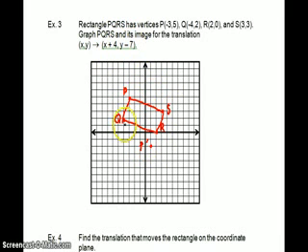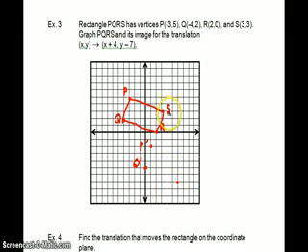Let's do Q. We're going plus 4. 1, 2, 3, 4, down 7. 1, 2, 3, 4, 5, 6, 7. And that will be Q prime. R plus 4. 1, 2, 3, 4, down 7. 1, 2, 3, 4, 5, 6, 7.